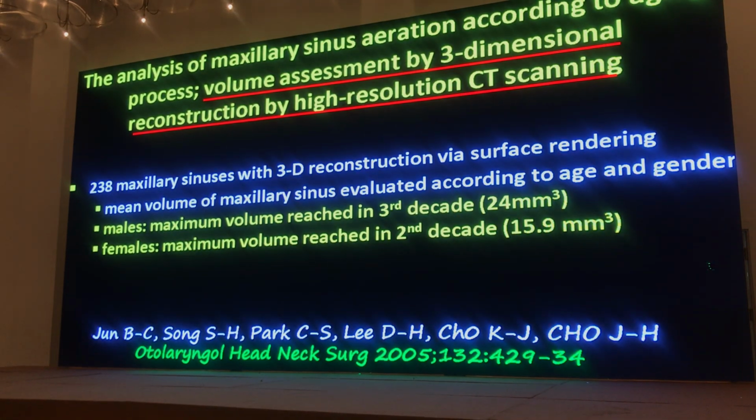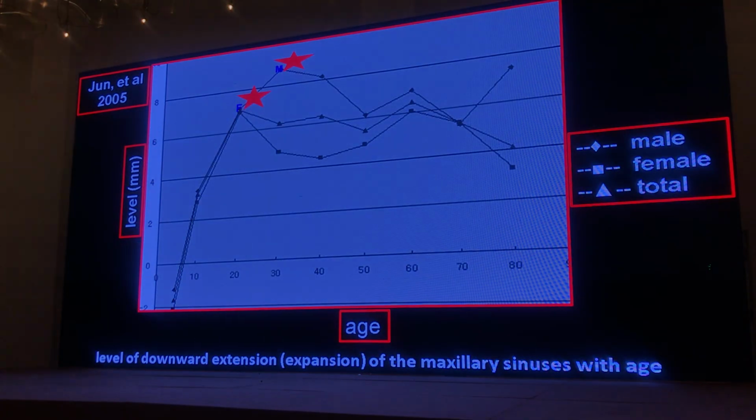There was a study by a Korean group that looked at the growth of the sinus and when it gets to be its largest. And they found out that in males, the sinus reached its largest size in the 30s. And in females, the sinus reached its largest size in the 20s. And it doesn't get bigger after that.